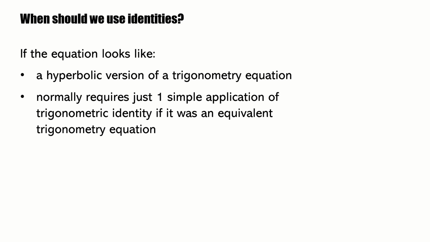If the answer is yes, and it's just a very simple direct application of a single trig identity for that particular scenario, then guess what? For the hyperbolic equation, it's the same idea. We're just going to use the equivalent hyperbolic identity to replace the same thing that we normally would replace in that scenario if it was a trigonometric equation. So let's take a look at a couple of examples of that.